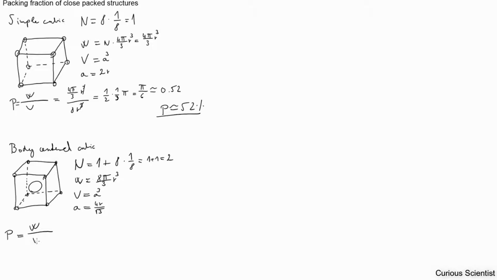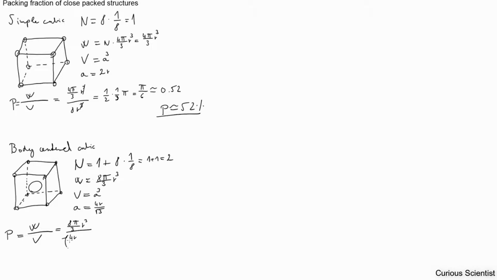Let's divide the volume occupied by the atoms by the volume available, so we can see how efficiently we fill up the volume with the hard spheres or balls. As I said, we have 8 pi over 3, and then we divide this whole thing by this expression here.